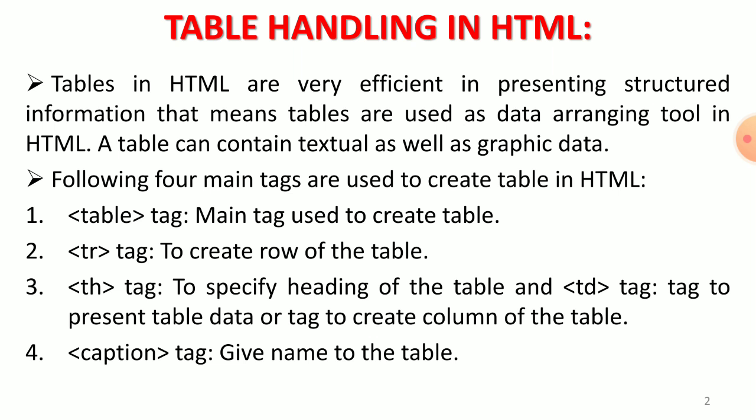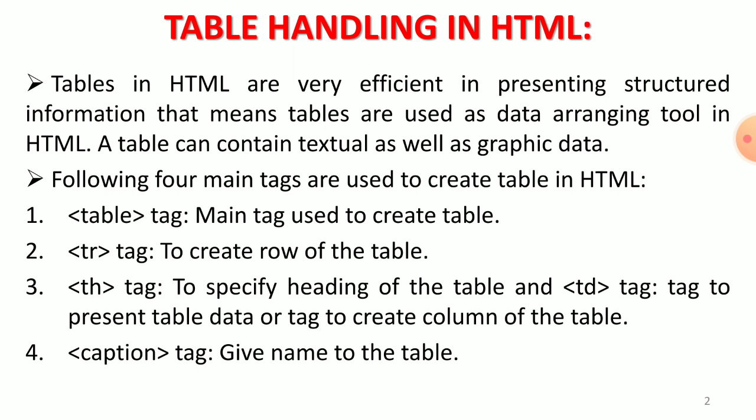First, the table tag is the main tag used to create a table. Second, the tr tag creates a row of the table. That means when you are creating a row, you use the tr tag.